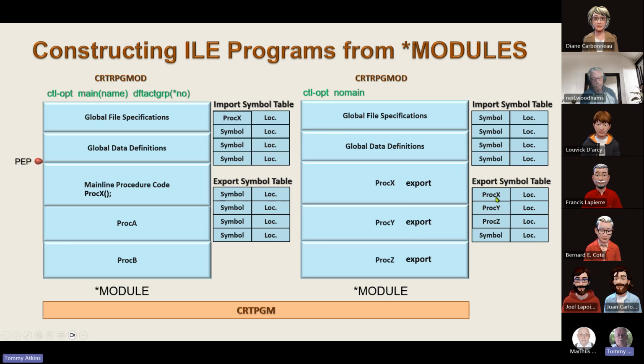So when you run the create program, it runs in two stages. It first compiles them, goes through this module, compiles this, looks through the symbol tables, etc., and then does a binding step to bind these procedures together, so that when this call occurs, the import symbol table has a location to the export symbol table, which has a location which goes to that procedure.